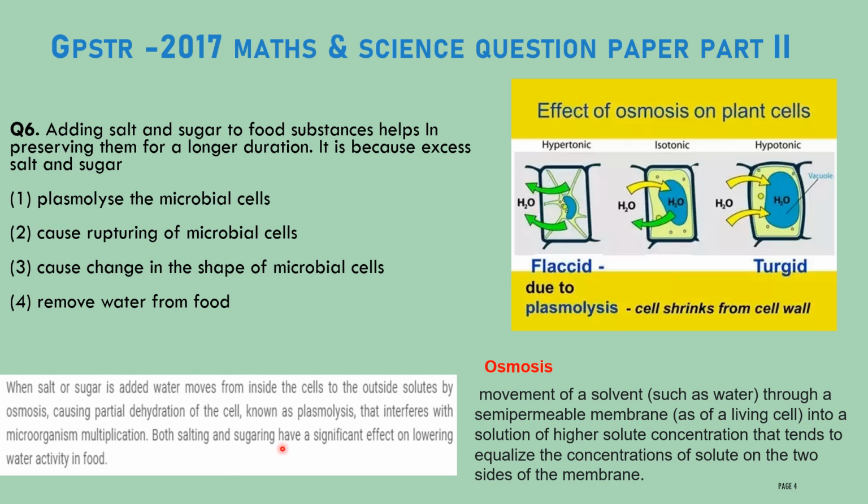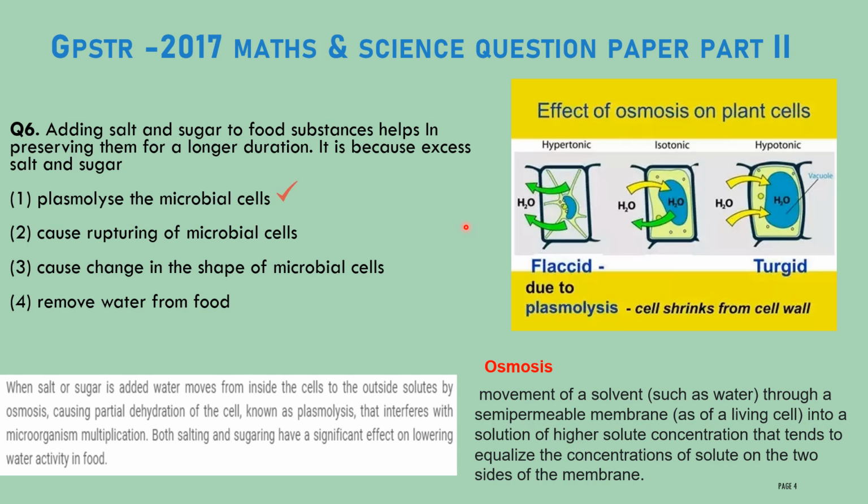Both salting and sugaring have a significant effect on lowering water activity in the food. Therefore, if you add salt and sugar to a particular food, then dehydration will take place. This dehydration reduces the growth of microorganisms on the food. Then you can preserve the food safely.